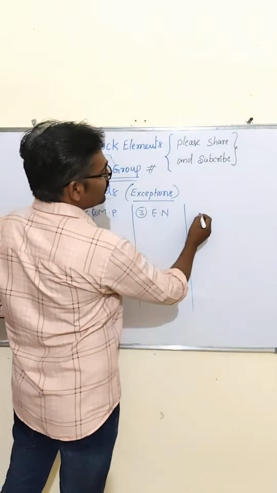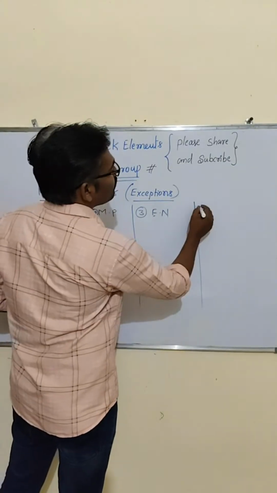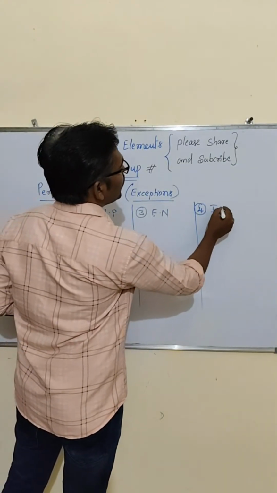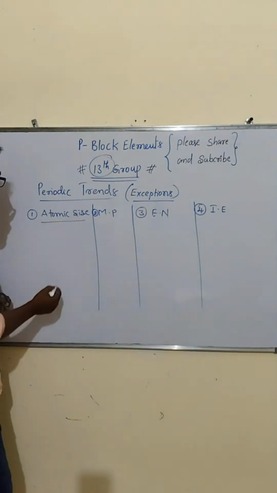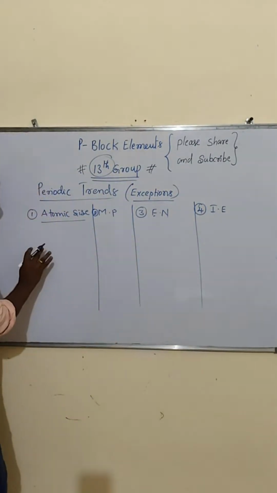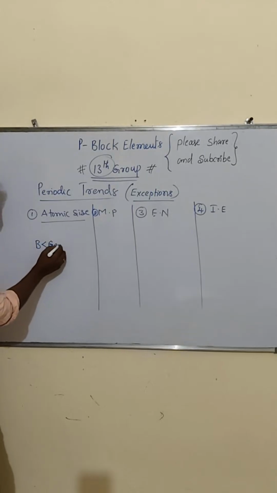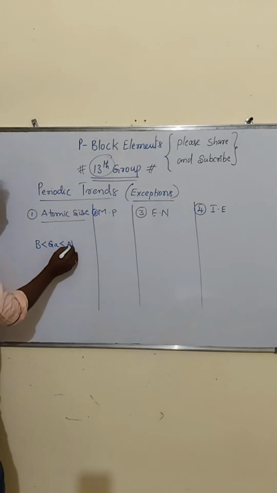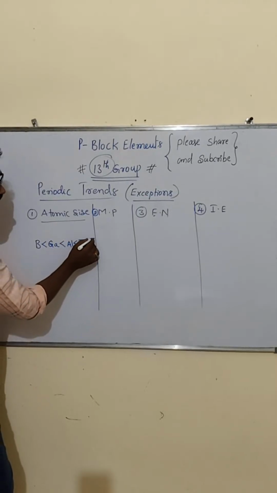Fourth one, ionization energy. So atomic size, first one. What is the trend? Boron, then after that gallium, then aluminum, then indium, then thallium.